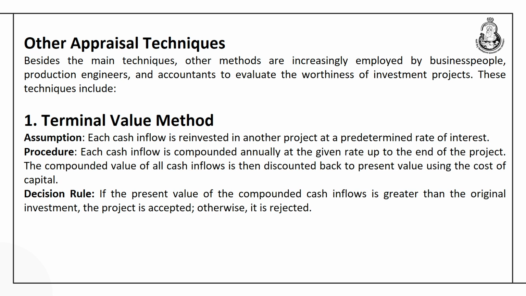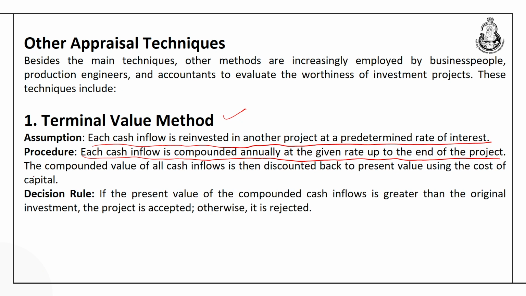There can be other appraisal techniques which are equally useful in the case of uncertainty, like the terminal value method. Actually, this is based on the assumption that each cash flow is reinvested in another project at a predetermined rate of interest, and by using this assumption, the terminal value is calculated, which is nothing but the cash inflow compounded annually at the given rate up to the end of the project.